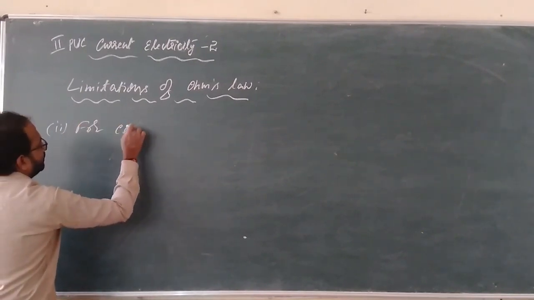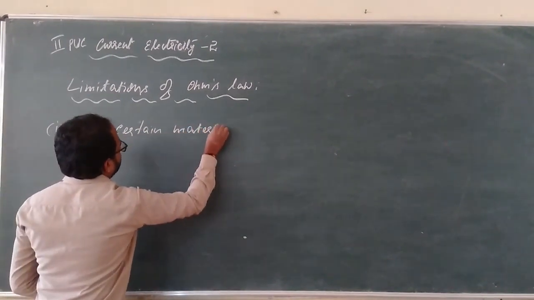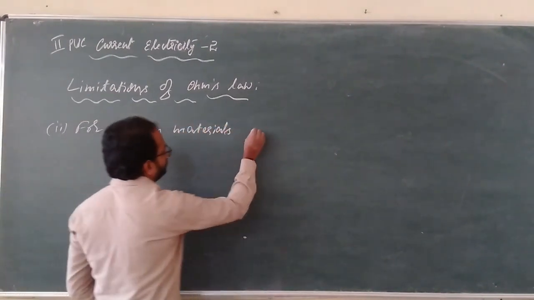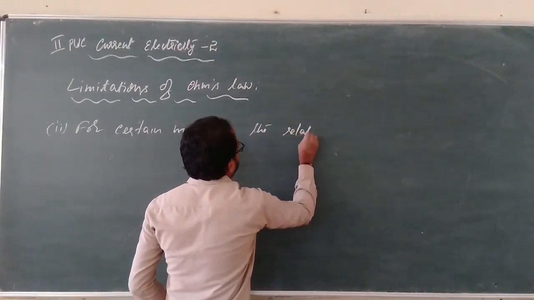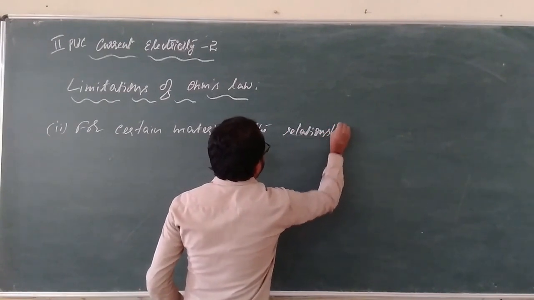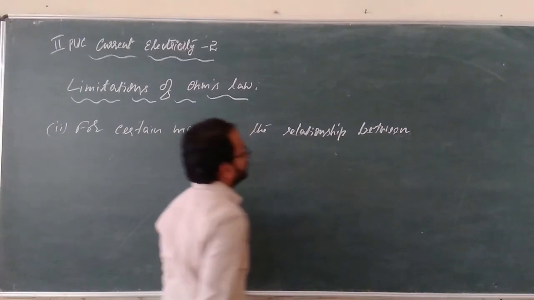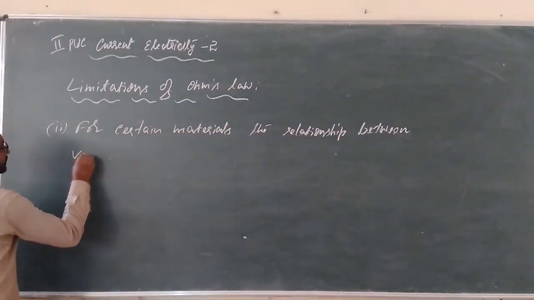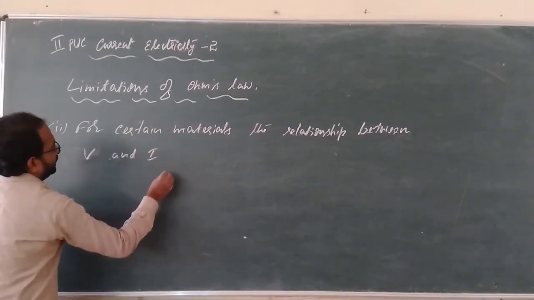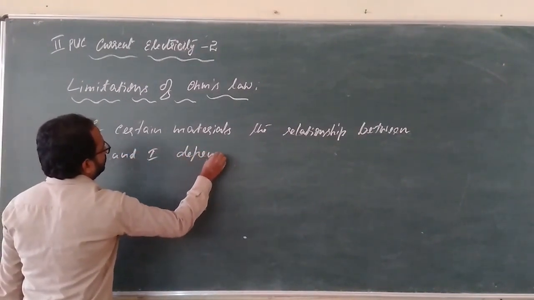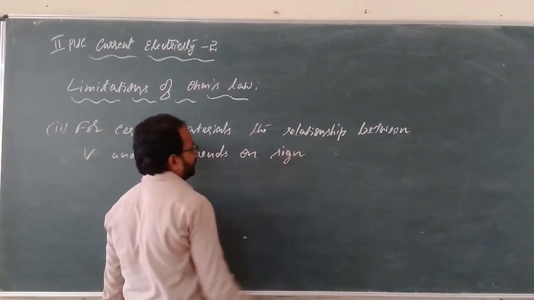For certain materials, the relationship between voltage and current, or V and I, depends on the sign of V, meaning the polarity of the applied voltage.